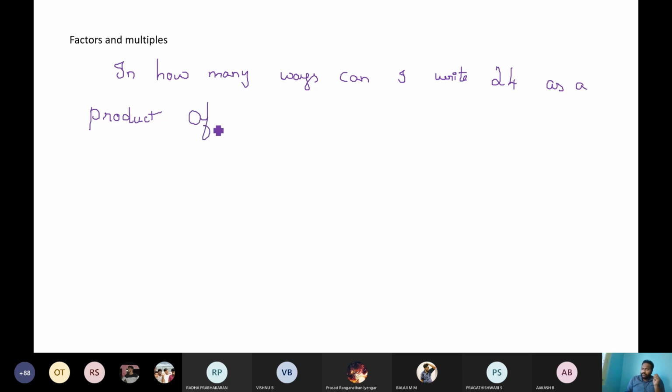As a product of two numbers. Can you guys tell me in how many ways can I write 24 as a product of two numbers?